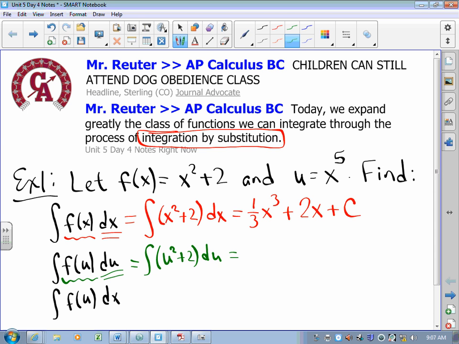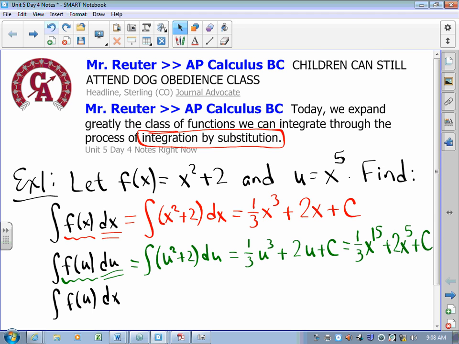And so the antiderivative appears to be very similar: 1/3 u cubed plus 2u plus a constant. But what is u? U is x to the 5th. And since u is x to the 5th, this is 1/3 x to the 15th plus 2x to the 5th plus a constant, which is a very different answer indeed.